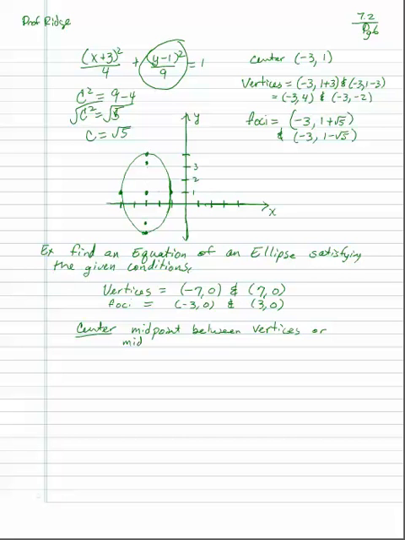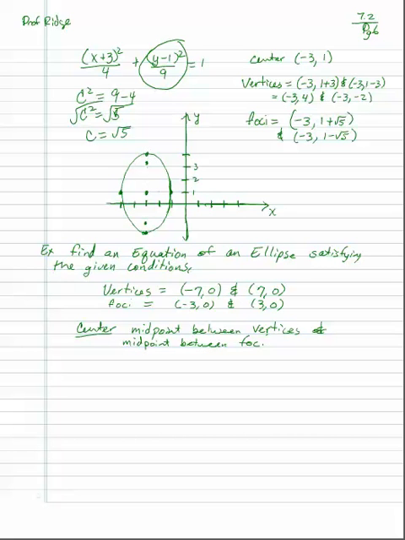Or and, I guess and. So if you're given either the vertices or the foci, you don't have to be given both. If you're given one of them, you can figure out what the center is. Okay, so just use the midpoint.